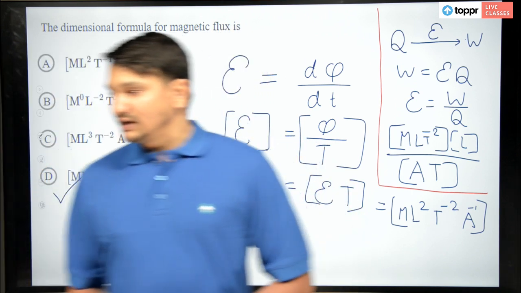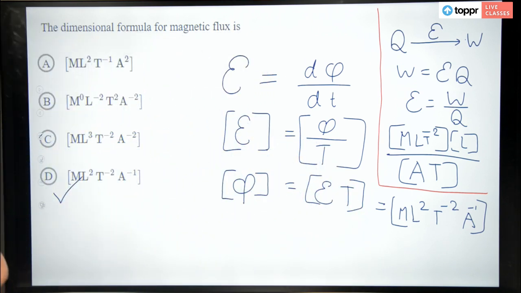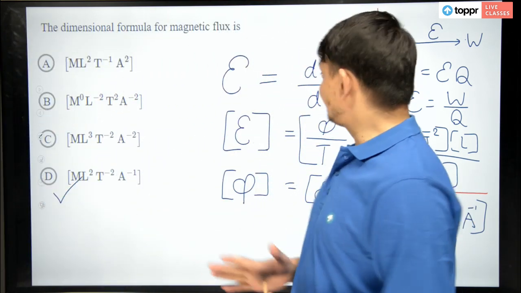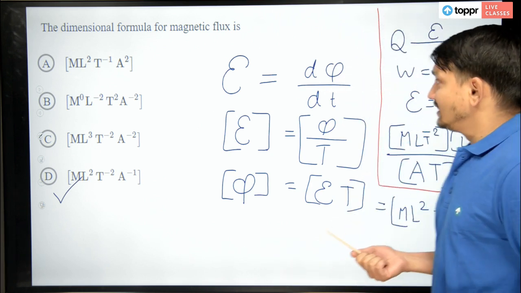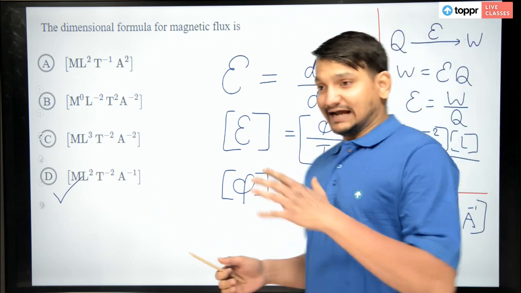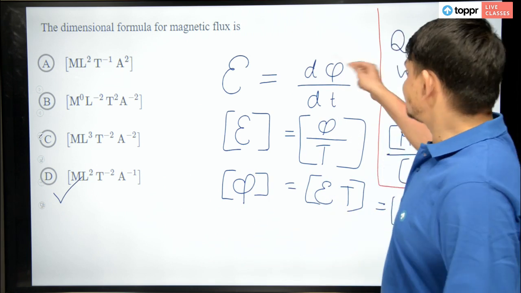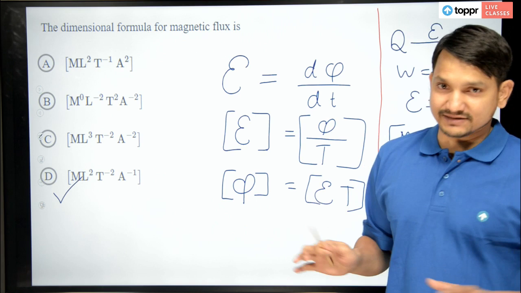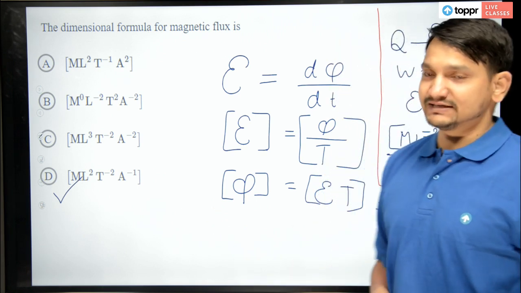I believe someone had a doubt and was asking: when EMF is equal to magnetic flux. So if the time is 1 second, you can simply say that magnetic flux is equal to EMF, but I don't think this is a standard situation that we ever consider.